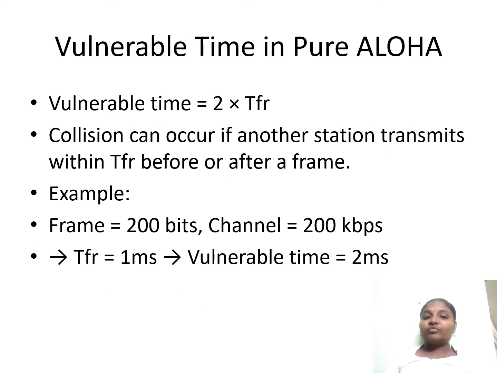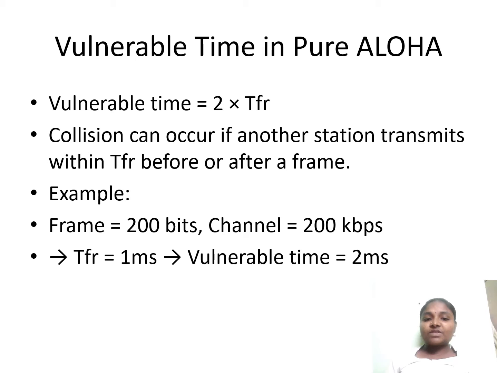Next, the vulnerable time in pure Aloha. The vulnerable time is equal to 2 into TFR. Collisions can occur if another station transmits within TFR before or after a frame.